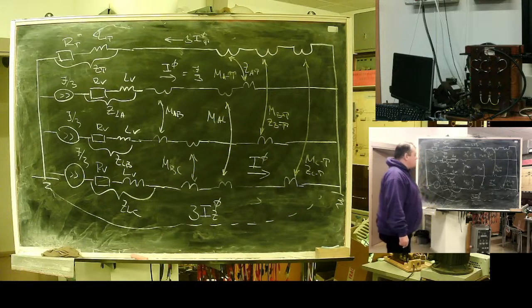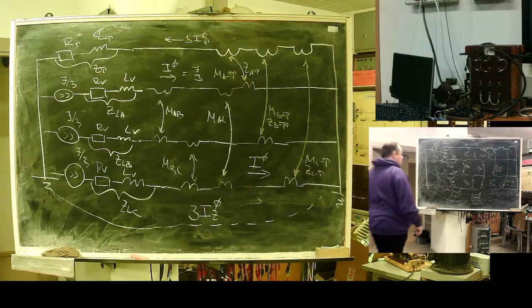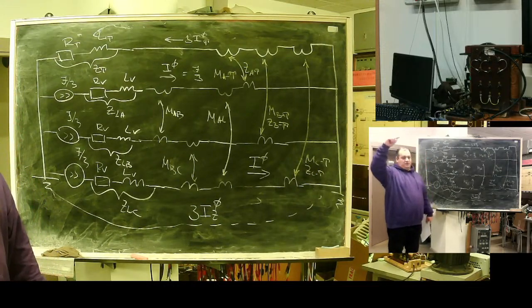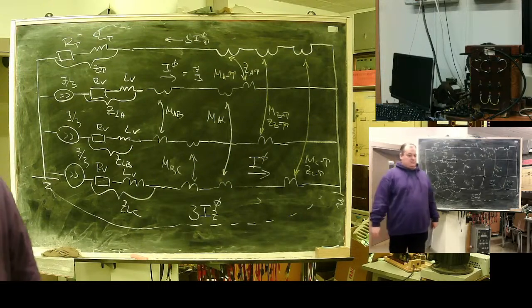Opposite. This means what? Will this yellow mutual resistance increase or decrease the zero sequence resistance? I think it's a decrease. Yeah, it's correct. They are decreasing. It's a first interesting moment. The protective wire decreases the zero sequence resistance of the line and increases the fault current.